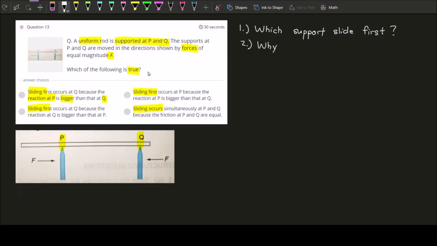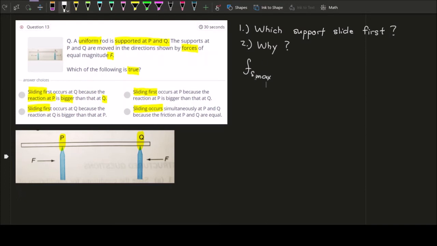If you see a question about which support will slide first, you can think it's related to Fs max. If you push with a small F, then support P and support Q won't move until the external force applied equals Fs max.